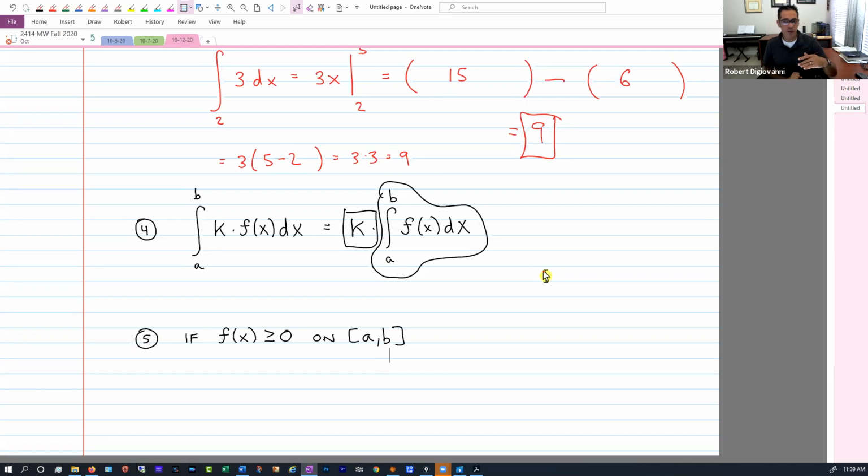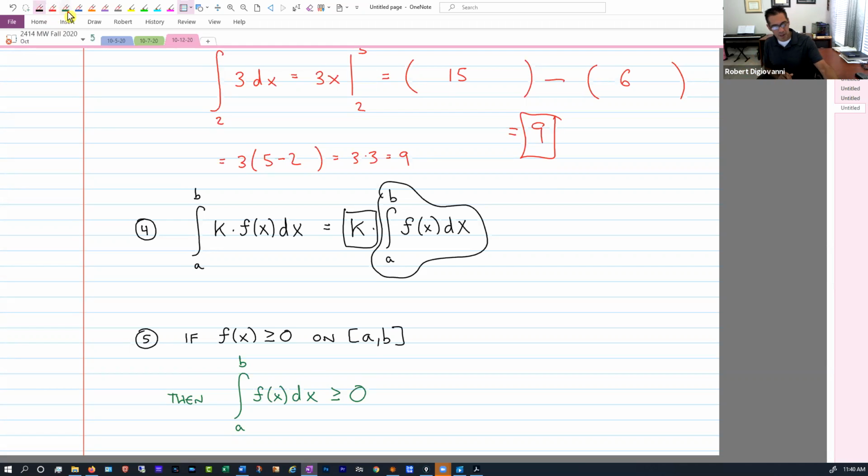So if you have a function that's always above the x-axis or maybe touching the x-axis, then what can you tell me about the area underneath that? It always would have to be positive, right? Or possibly 0. So you know that the area underneath it will always be positive, or at worst case, it could be 0.